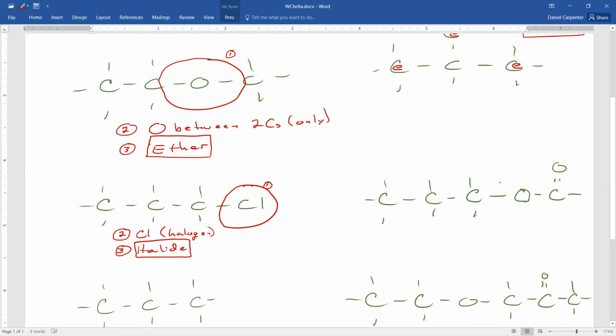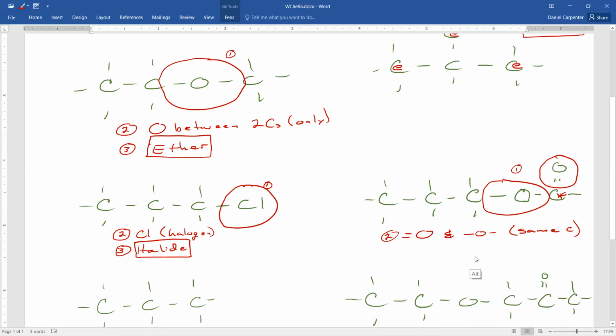Right here, oh look, we've got an O between 2 C's and a double bonded O on the same carbon. So there's number 1. So state, double bonded O and O between 2 C's, same carbon.